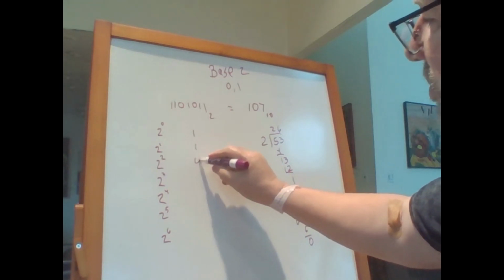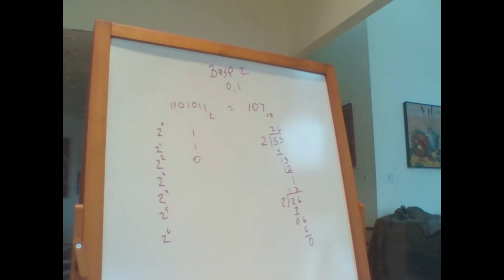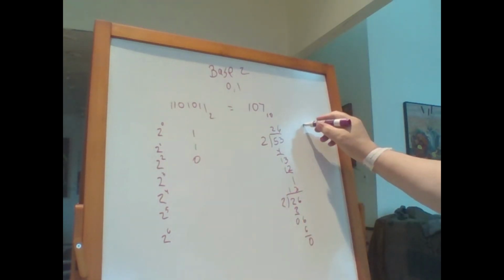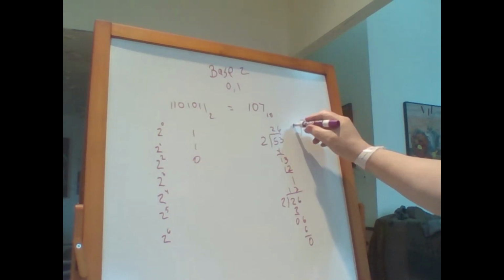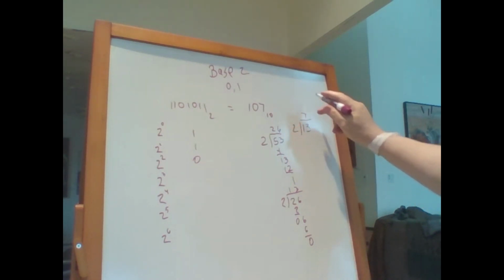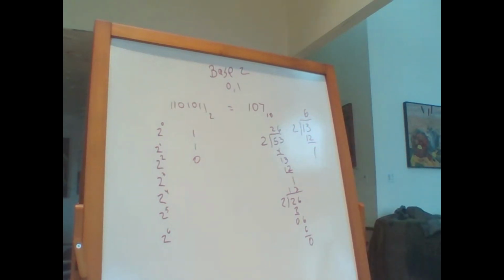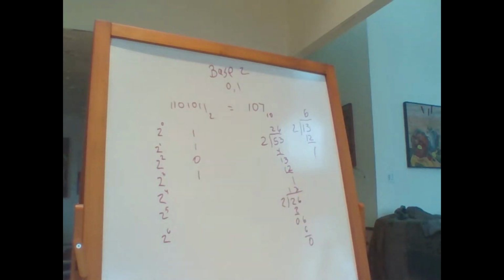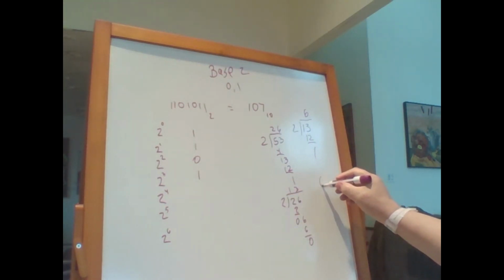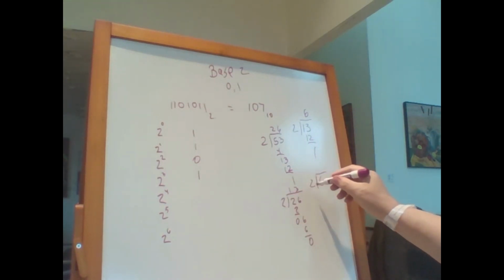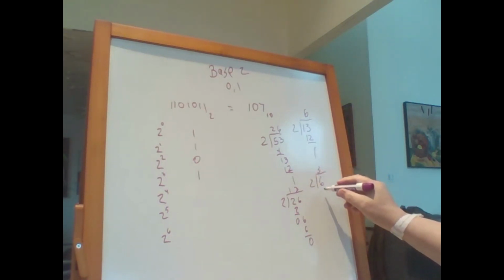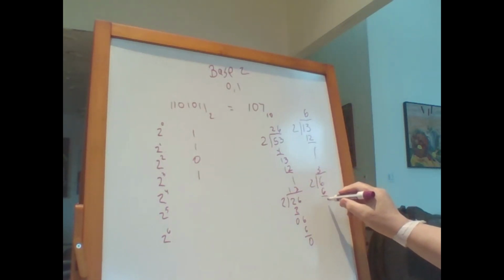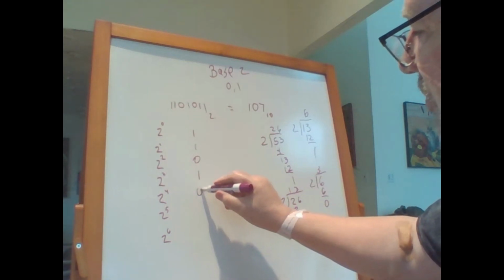So we have a 0 in that placeholder. 13 divided by 2 is 6, 12, 1. We have a 1. 6 divided by 2 is 3, 6, 0. So we have another 0.